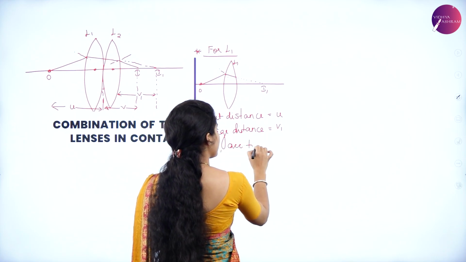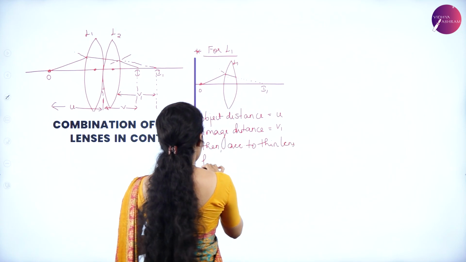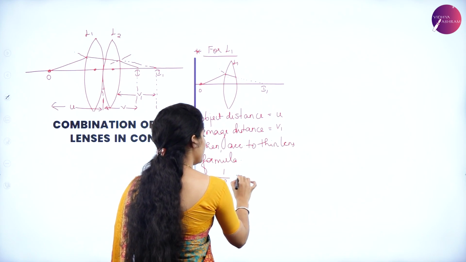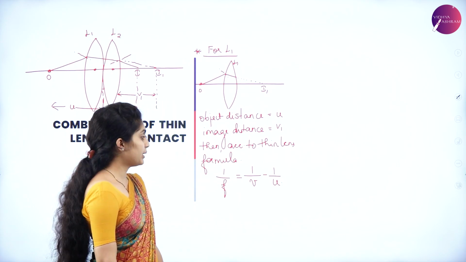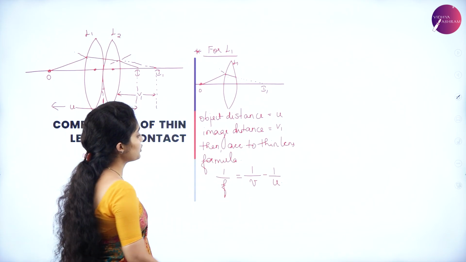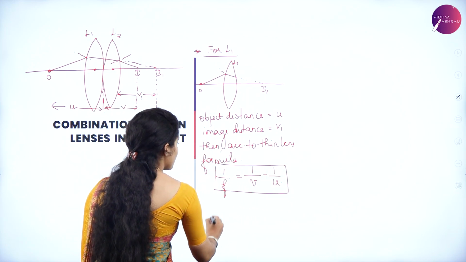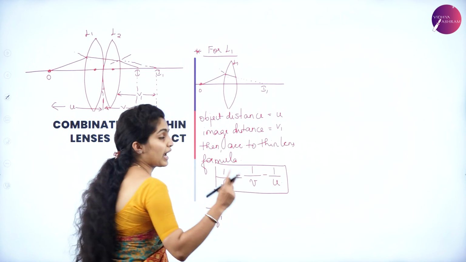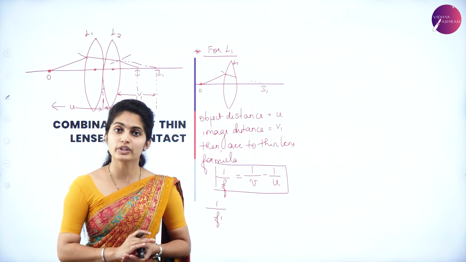Then according to the thin lens formula, what is the thin lens formula? It is 1 by f is equal to 1 by v minus 1 by u. So for this, we have to substitute, as this is a general formula, 1 by f1, because we have two focal lengths, f1 and f2, since we are considering two thin lenses.